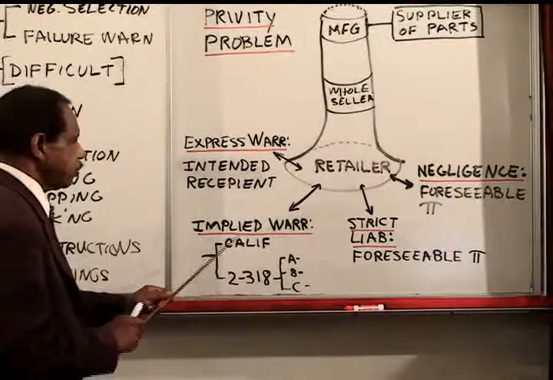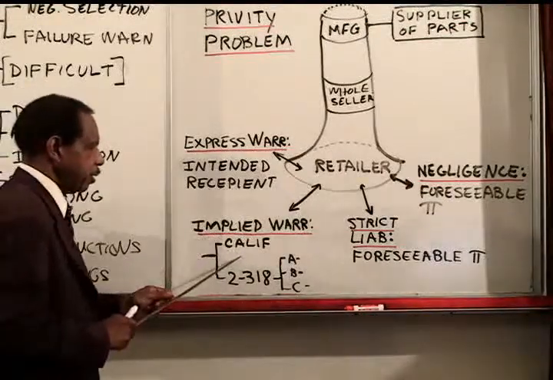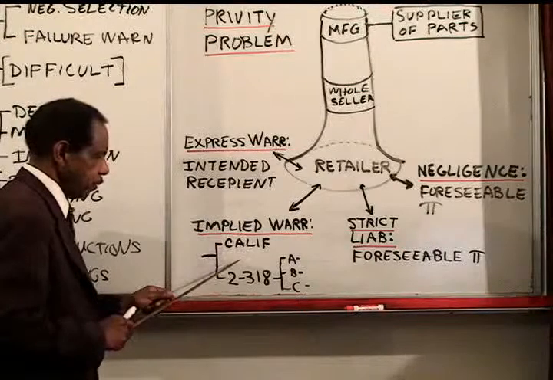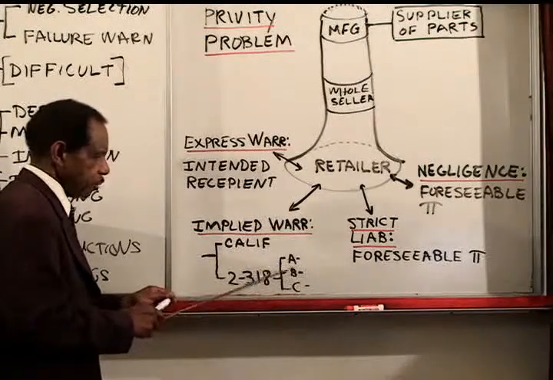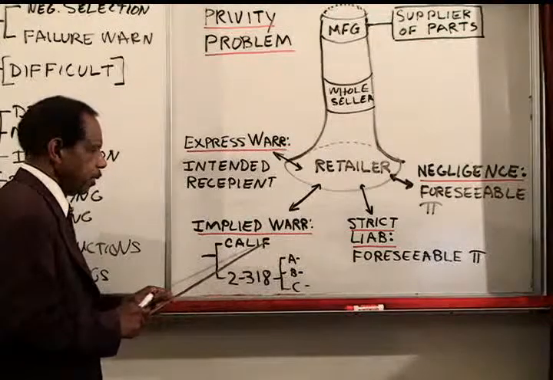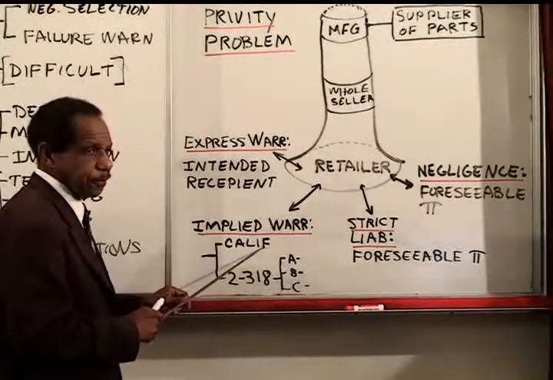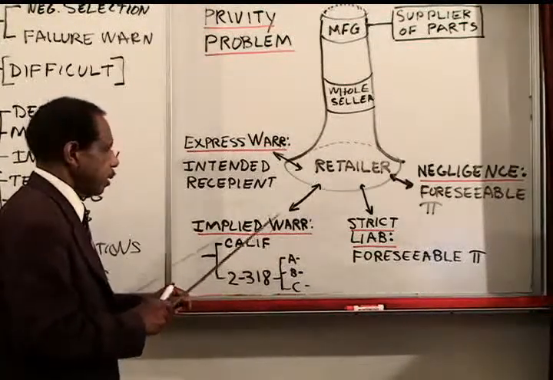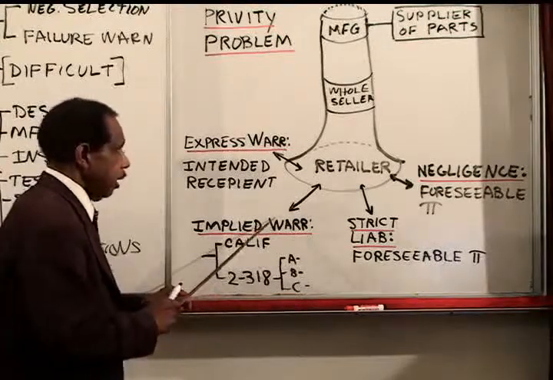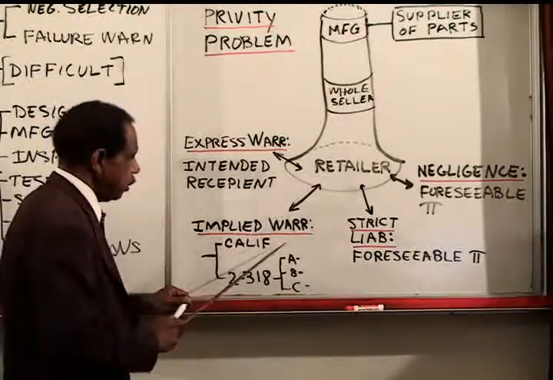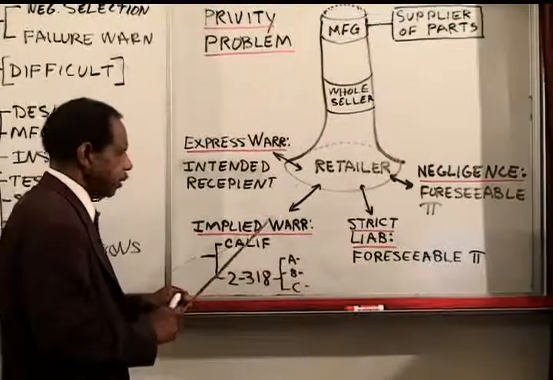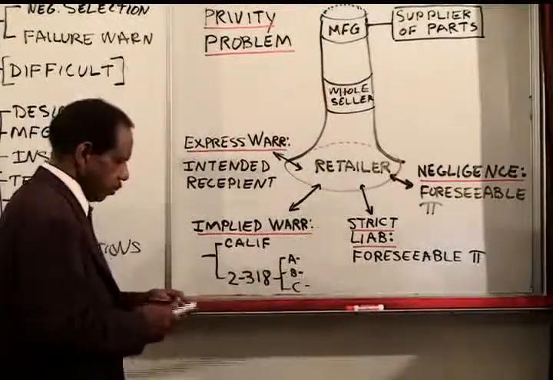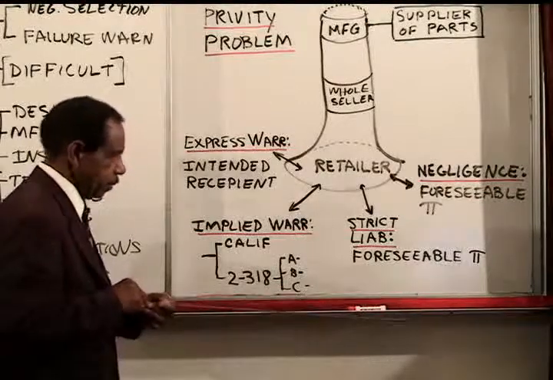So if the person is suing on the basis of an implied warranty, the person who can sue is a person who fits under A, B, or C, depending on what the jurisdiction has adopted. And in California, they just need to be a foreseeable plaintiff. So that's who can sue. Now, who can be sued? If it's an implied warranty, you can sue the person who made the implied warranty.